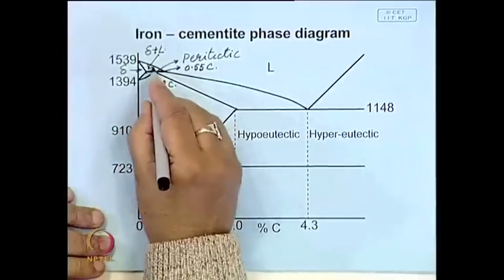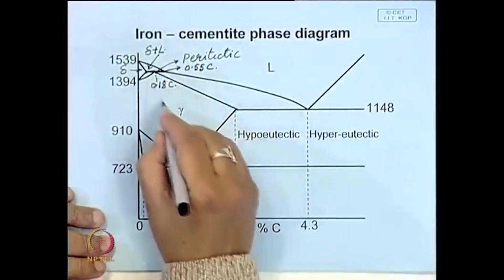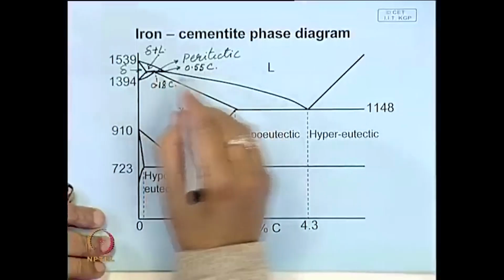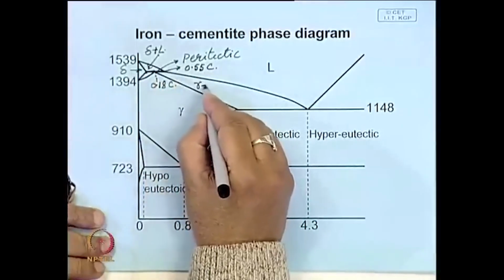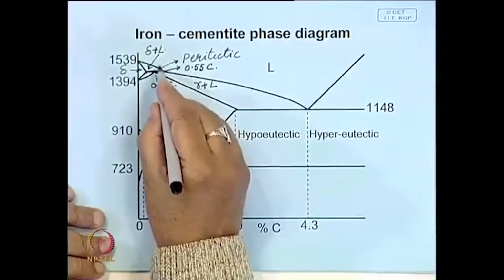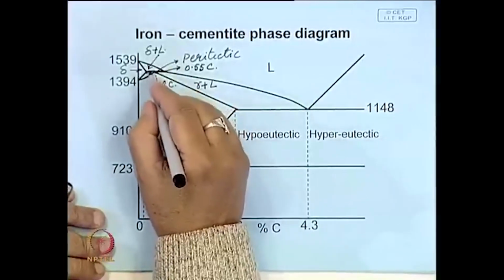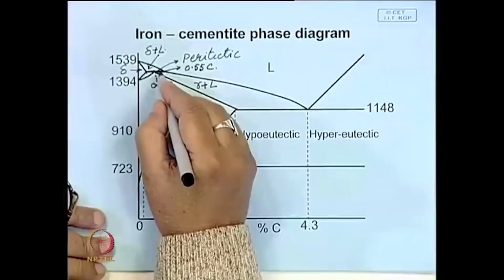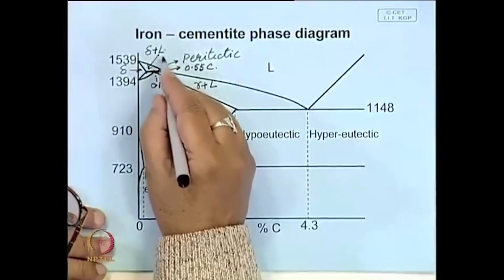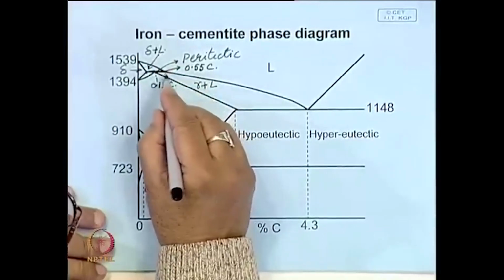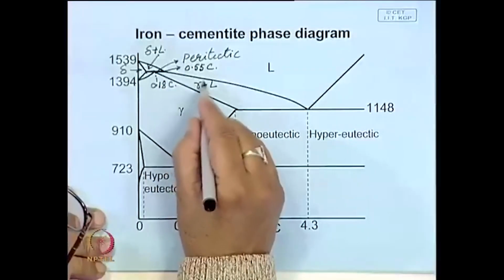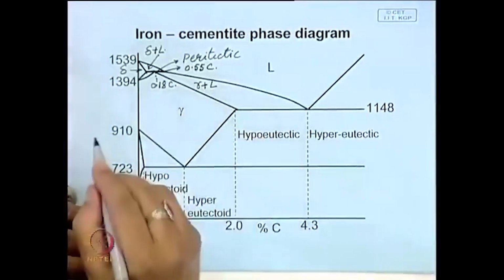And here when this reacts, you get gamma, and if it is on the right hand side of this, you get gamma plus liquid. That means, if it is on the right hand side, the amount of delta which has precipitated out is so less that even if it reacts with liquid, the entire liquid is not consumed, some amount of liquid is left, and that remaining liquid solidifies into austenite.